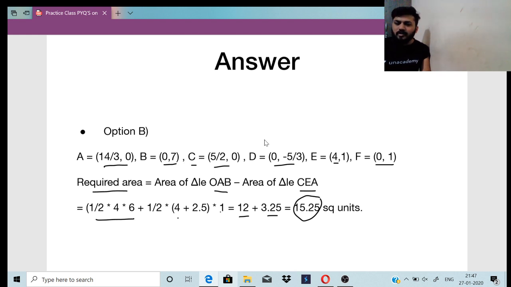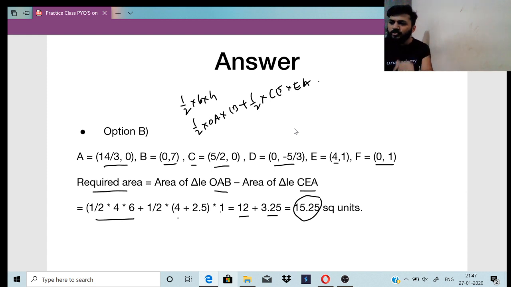So A, B, C, D, we found everything, right? So it is half into base into height. So half into OA into OB plus half into CE into EA, right? The points we have found out here. Substitute the points. For C it is 5 by 2, E it is 4. Substitute the points accordingly.